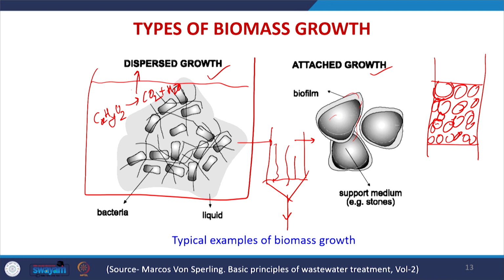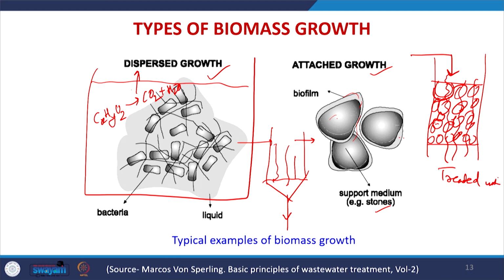So, this microbial film will be grown, and water will be sent from the top and it will trickle through this system. While the water is trickling, the biofilm attached to this support medium, which may be stone or any other, oxidizes the organic matter present inside the water, and ultimately we get treated water coming out here.